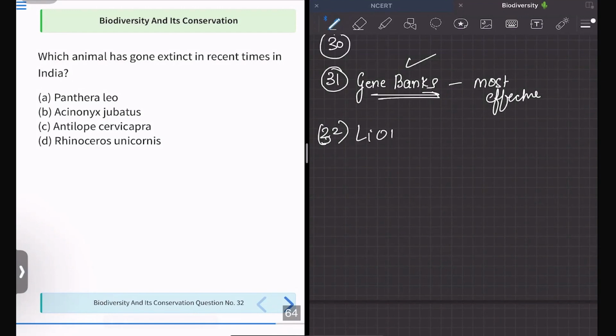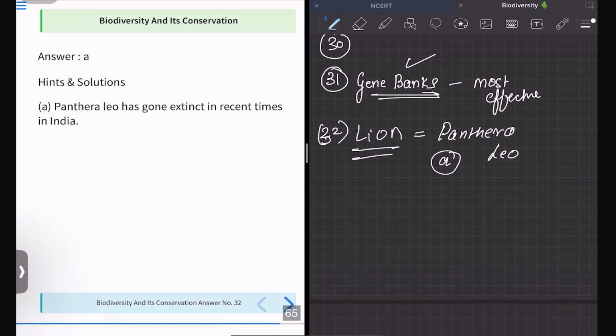The biological name for lions is Panthera leo. So option A is the correct answer. It is also a fact-based question. There is nothing as a concept in it that I can explain. So the correct answer is option number A, Panthera leo, which is nothing but your lion.